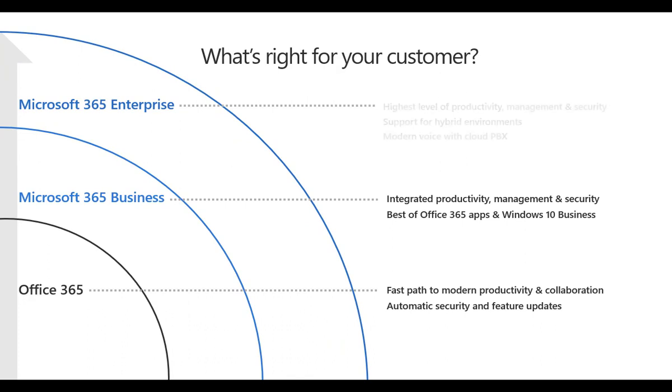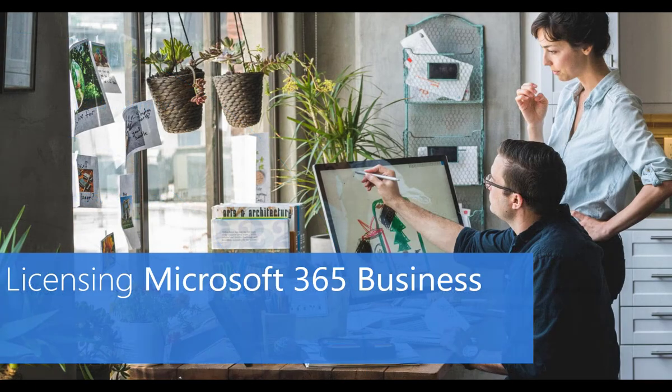When the needs of the customer exceed what's provided in the business version, we can then look at the enterprise version. Like Office 365, there is a business SKU, and there are also enterprise SKUs of Microsoft 365. That's going to provide the higher end functionality and features that you typically see with Office 365, plus some advanced features that are unique to the Microsoft 365 enterprise offering.